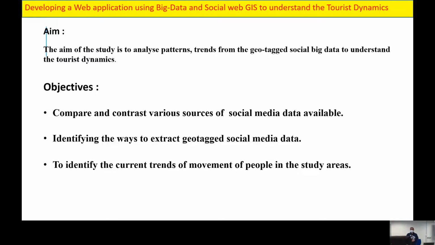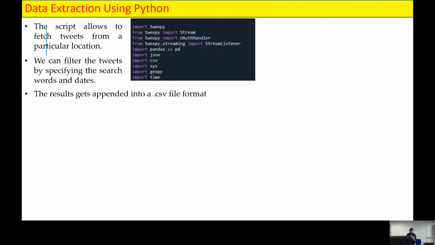For the study area, we are taking one beach of the Indian city of Goa, located in the southern part of India, and Miami Beach in the US. Starting with capturing the data, we created a script in Python.